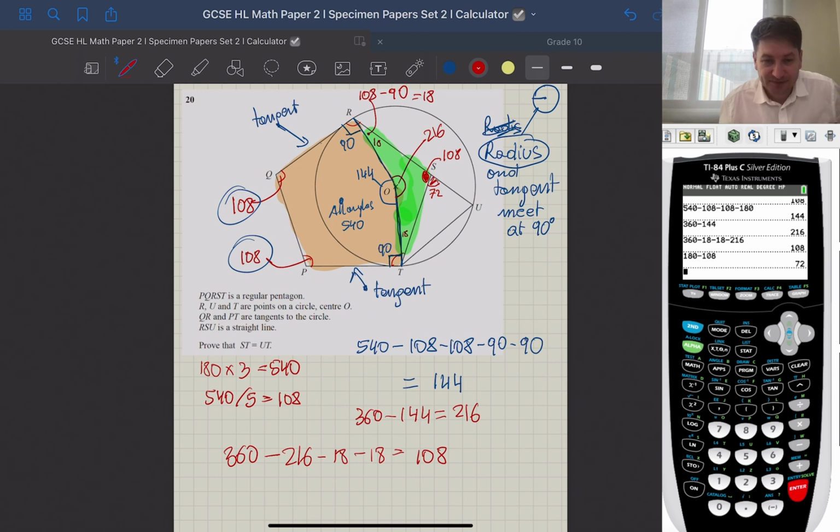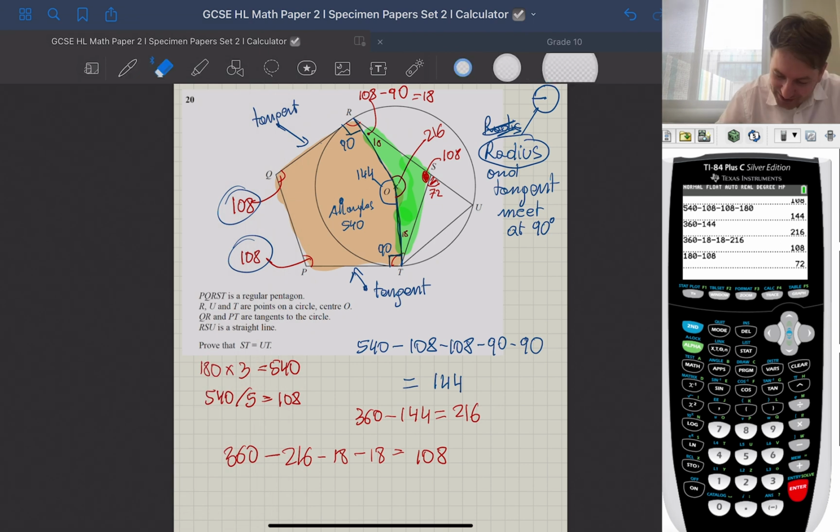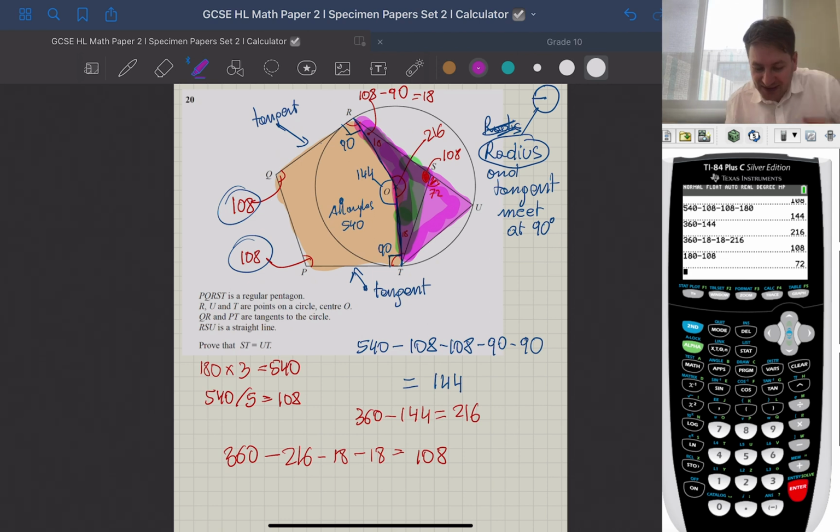And what else do we know here? Actually, funnily enough, if you look at this four-sided shape over here, what I was originally thinking is coming back. I'm going to just remove this because it's a little bit too dark.